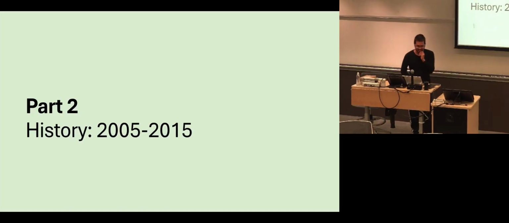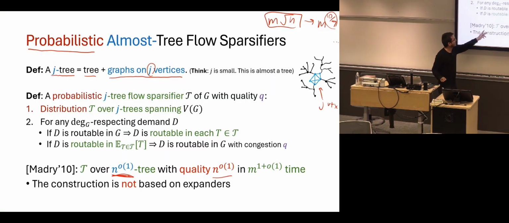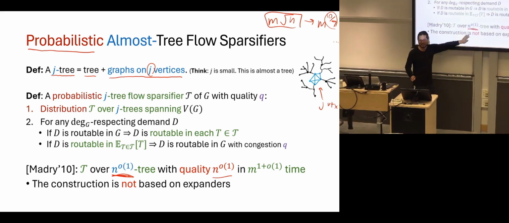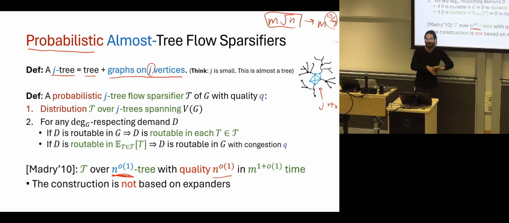Basically, after this year is the year that we can hope to use it. It seems like expanders actually are useful after all for fast algorithms. Okay. This one that does something fast is not based on expanders. And before that, anything expander related was slow.